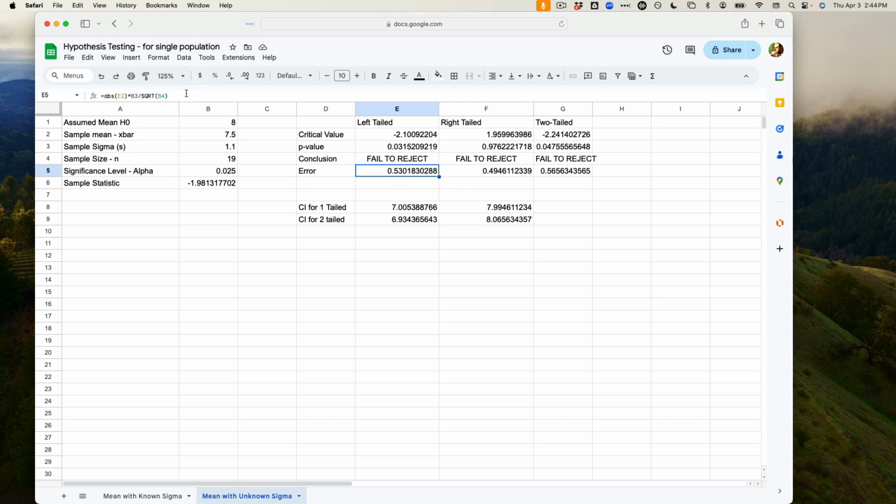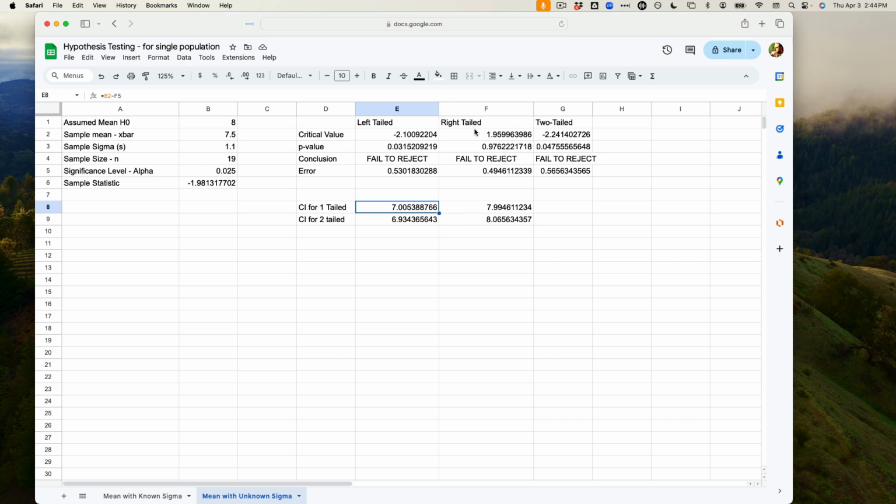So this would be the critical value, absolute value of that, times the sample standard deviation over the square root of n. That gives me the confidence interval. And indeed, it gives me a confidence interval between 7 and 7.99, and my 7.4 falls in that confidence interval. So it means we failed to reject the null. This result is consistent.